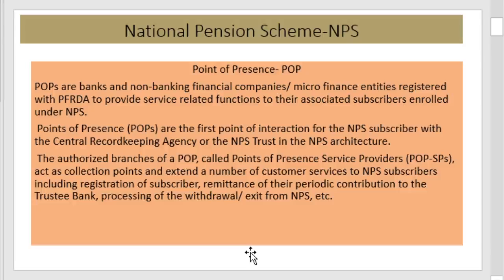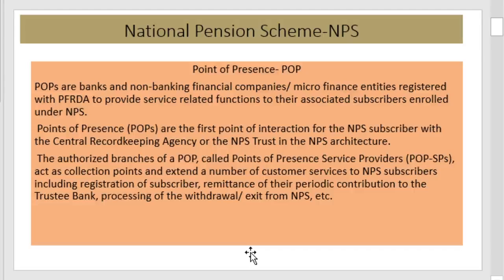The authorized branches of the Point of Presence, called Point of Presence Service Providers, act as a collection point and extend a number of customer services to NPS subscribers, including registration of subscribers, remittance of their periodic contribution to the trustee bank, and the processing of withdrawal or exit from the National Pension Scheme.